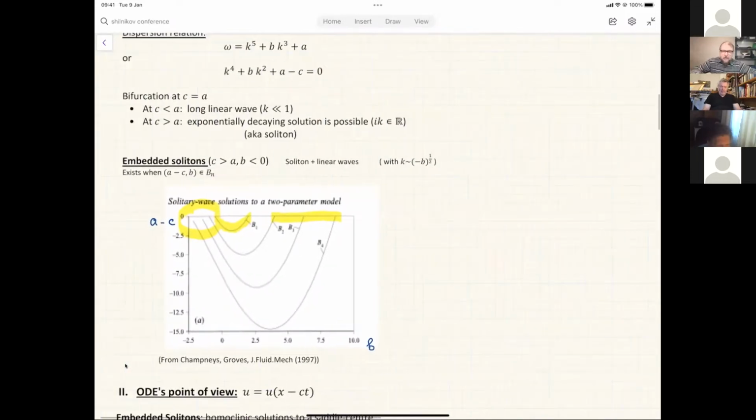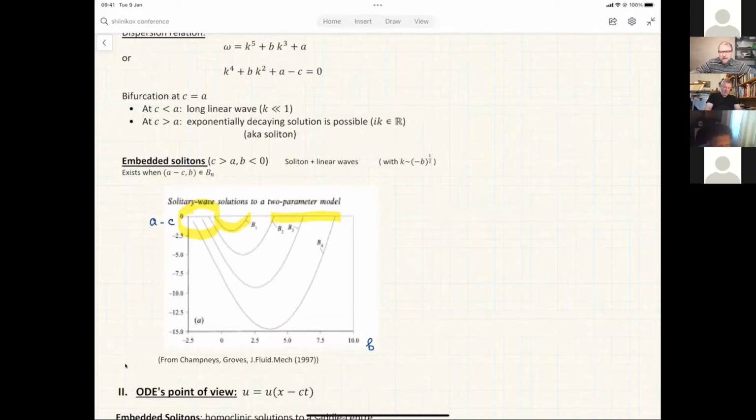So in order to study that problem, we go to the ODE point of view. And the standard idea in this part of mathematics is to look for the solution of a partial differential equation in the form of a traveling wave.